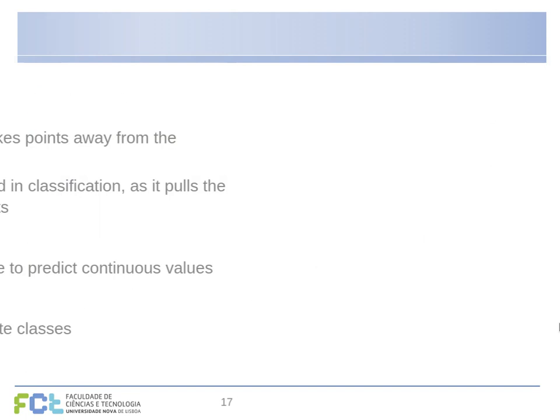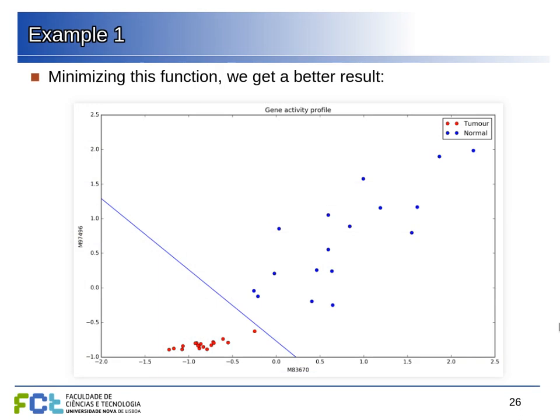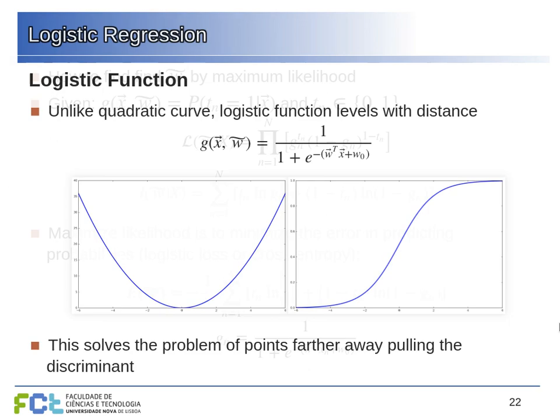So if we do this, even doing this by hand, we can see that now we get something that is a lot better. Because these points over here, even though they are far away from the discriminant, are no longer pulling everything there, because we have this function that behaves a lot better.